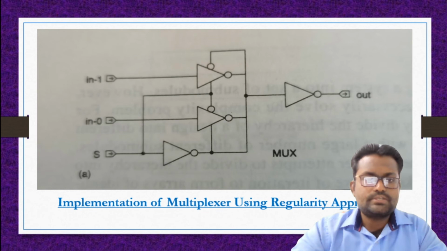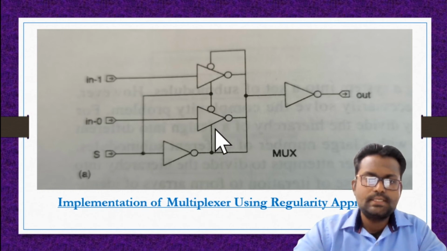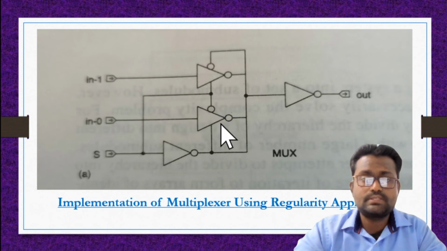So here a structure is represented. This one is the example of regularity. Here you can see the system is implemented by using two simple types of element. This one is the tri-state buffer, and this one is the simple inverter.